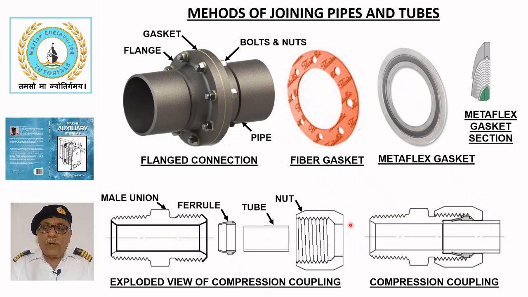When the nut is tightened on the union thread, the ferrule gets compressed on the tube and the taper on the ferrule makes a leak-proof joint.